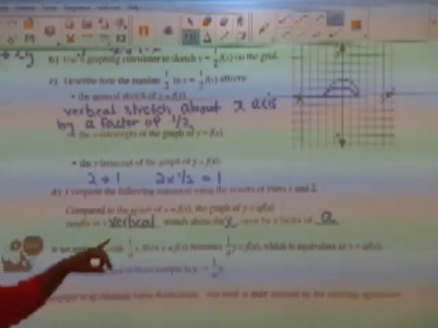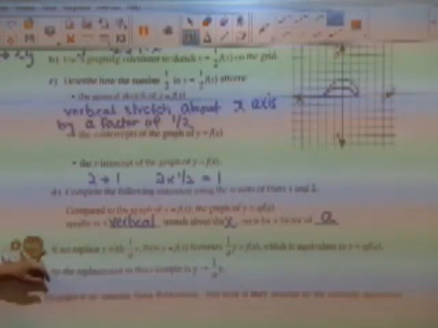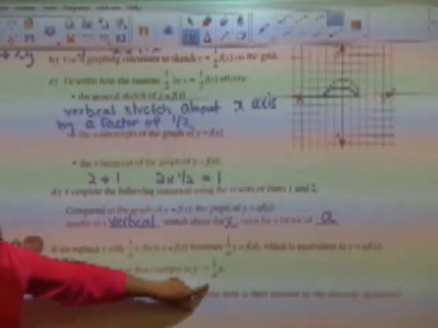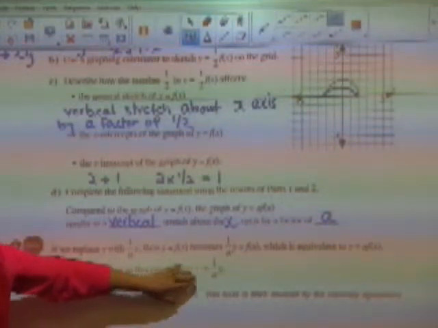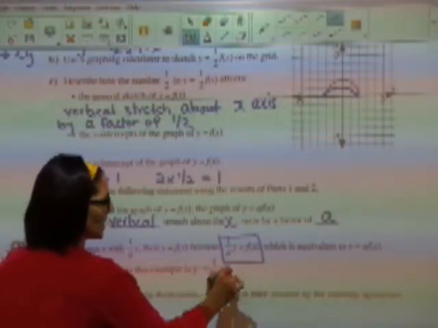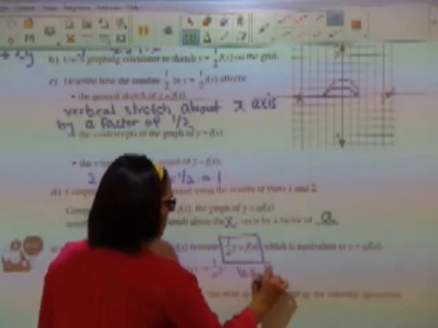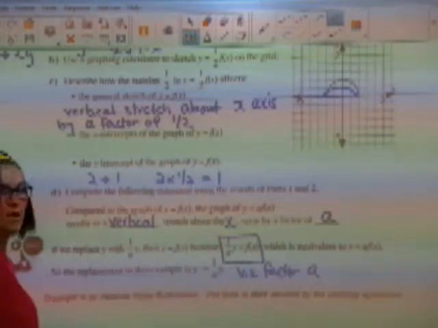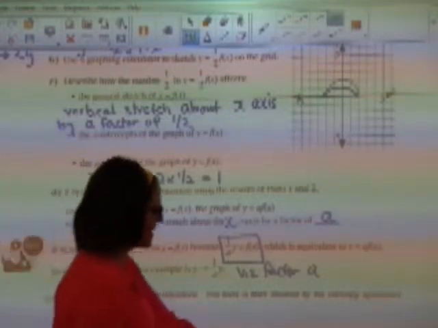But originally, we need to remember that the replacement was y equals 1 over a y. So when it's written in this form right here, this becomes a vertical stretch by a factor of a. It's the reciprocal of that value.